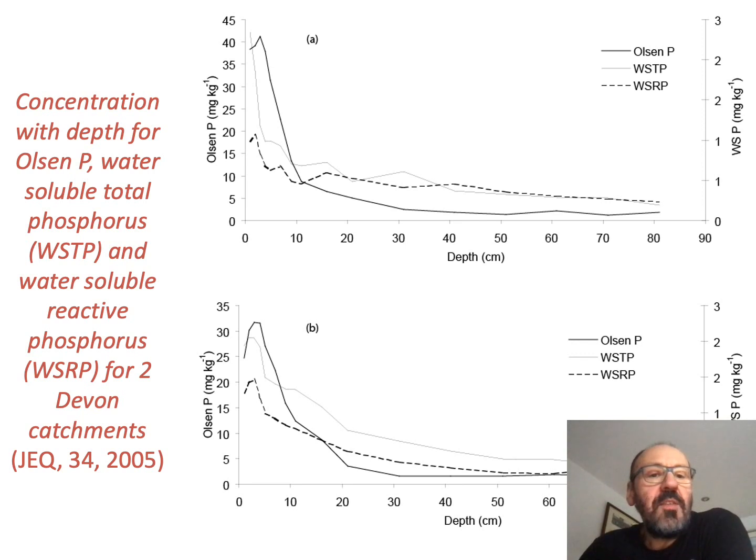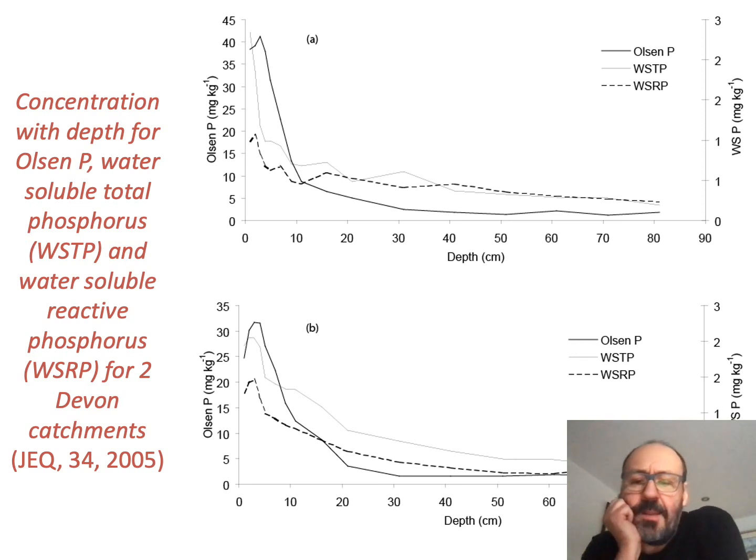We can see that the Olson's phosphorus, this measure again of the available P in the surface soil, accumulates right near the surface, and that as you go deep down under the soil, so this is the soil surface, the Olson's P here, different examples here, it basically falls off very quickly, and it's very much enriched near the soil surface.